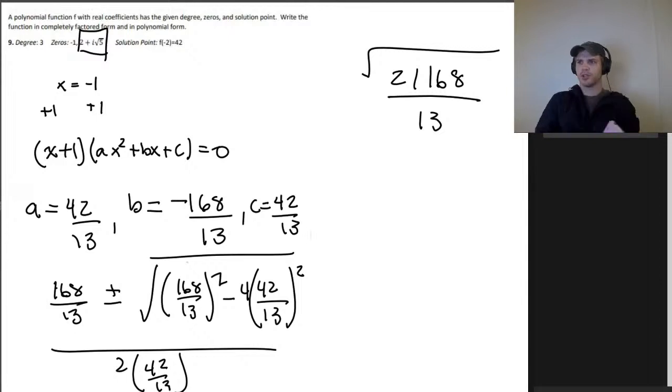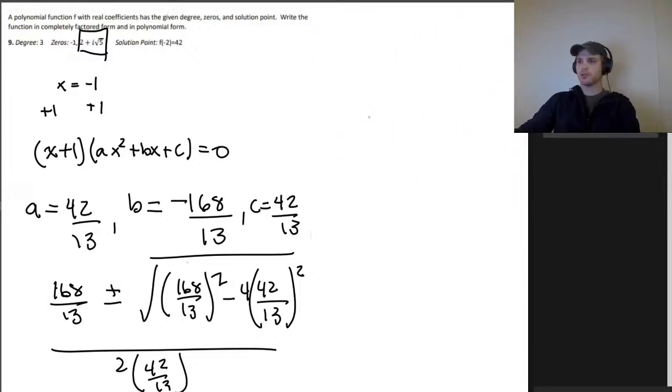All the 13s are going to cancel. What we're going to get is 168 plus or minus the square root of 21,168 over 2 times 42, which is 84.